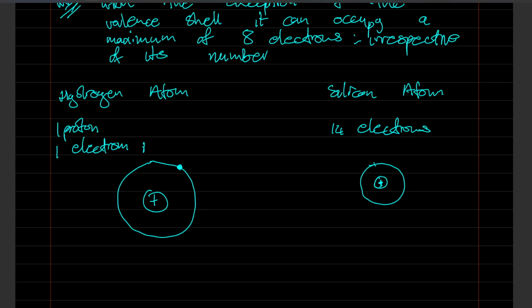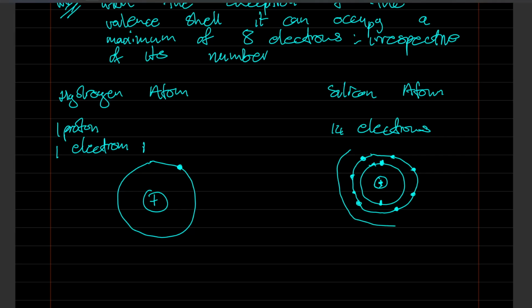Okay, so in the first ring, how many electrons would we have? We'd have 2 electrons. Second ring, there we go. How many electrons would we have? We'd have 8: 1, 2, 3, 4, 5, 6, 7, 8 electrons.